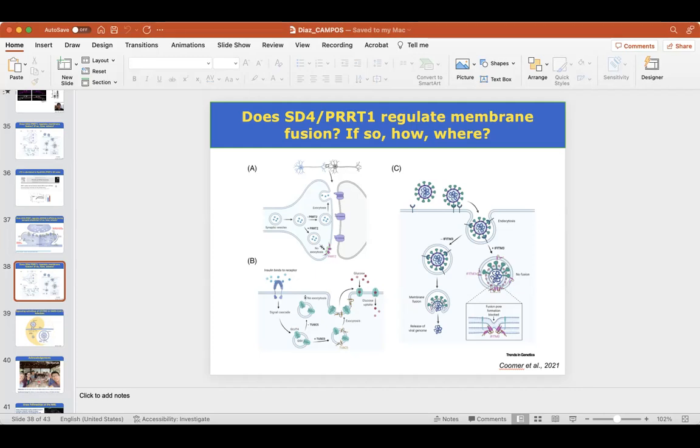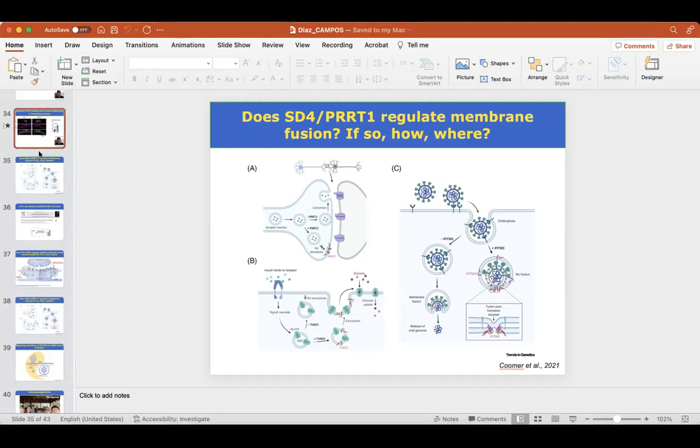Have you looked at whether SynDIG4 is also related to caveola formation, and if that will then facilitate the recruitment of the AMPA receptor? So that's a great question.